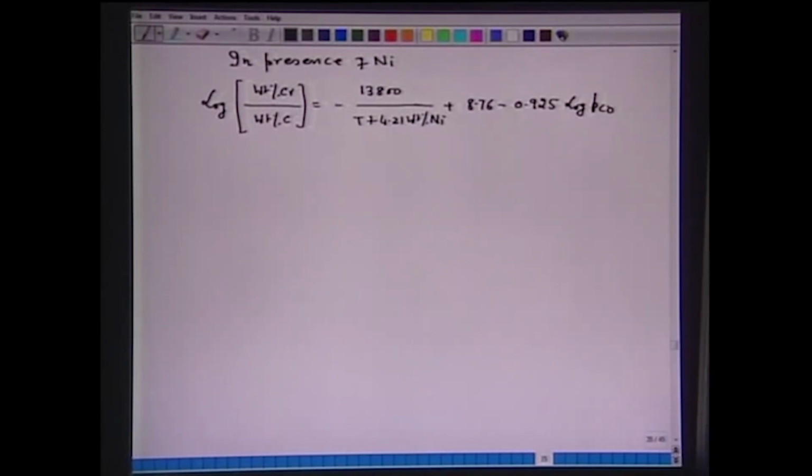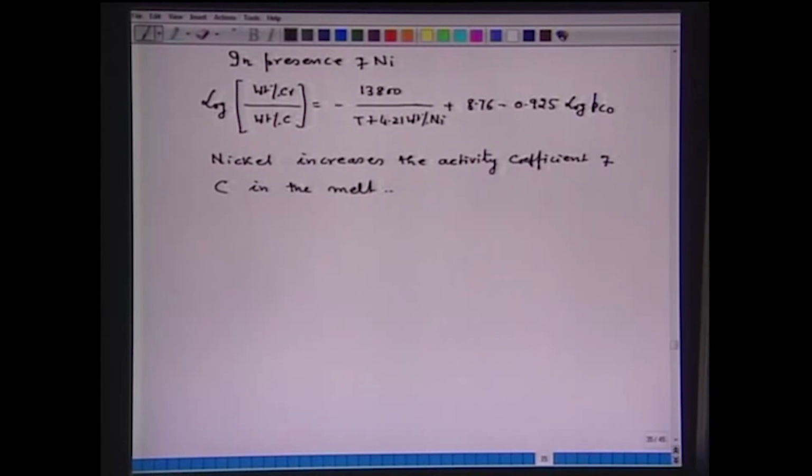Now, why is it so? Nickel increases the activity coefficient of carbon in the melt.